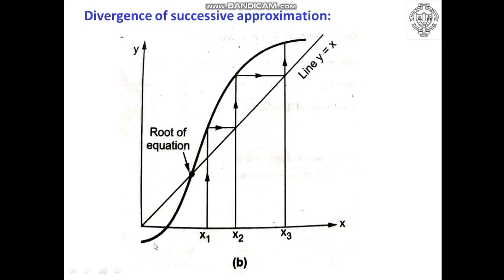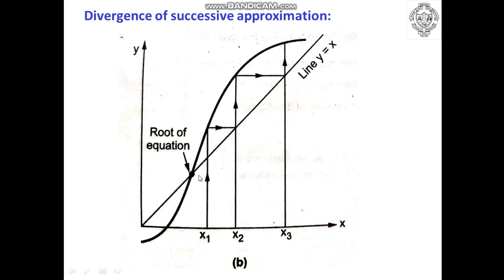Now consider another example which is the same as this one. If you consider this particular curve as the function y is equal to g of x, and the straight line y is equal to x, and you consider x1 arbitrarily, then you will follow this particular path, and you are moving away from the root.